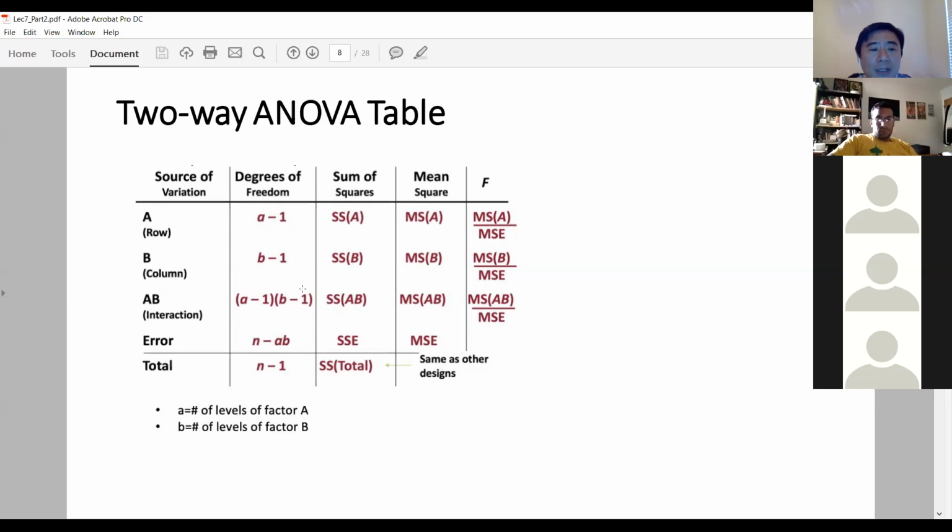But if you further partition that degree of freedom, each factor's main effect will have degrees of freedom equal to the number of groups minus 1. And the interaction will have A-1 times B-1, the product of the levels minus 1 in each of the two factors.